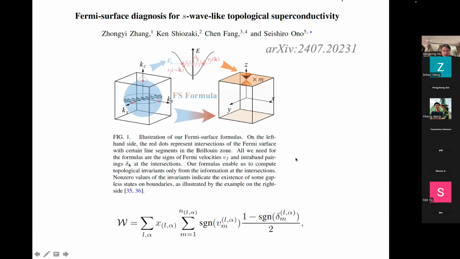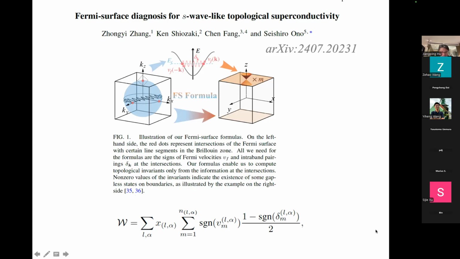If you are interested theoretically in these kinds of things, after our paper, actually, my former students, some fun and Seychelles, made a very nice analysis of this S-wave like topological superconductors using the Fermi surface diagonals to distinguish topological superconductivity.